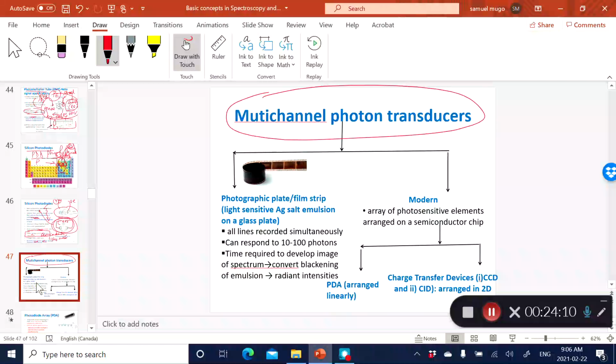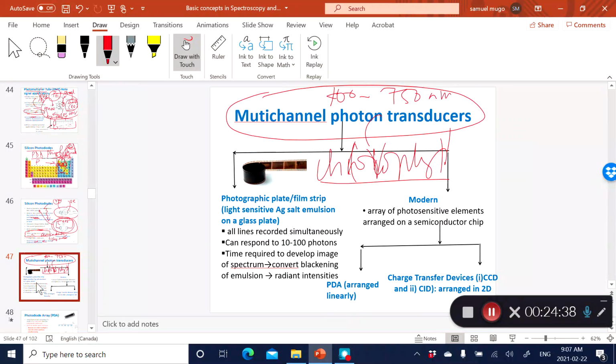For example, assume you're doing visible spectroscopy of a compound such as chlorophyll. And we know chlorophyll typically would absorb from around 400 nanometers to around 750 nanometers.